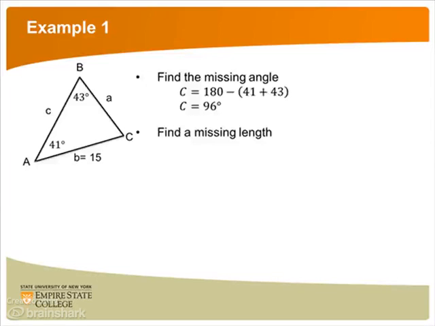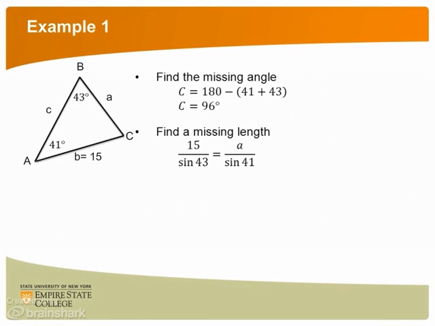Now we can use the law of sines to find a missing length of a side. First, we will find little a, the length of the side opposite angle A. We have a completed ratio, as we know both little b and the measure of angle B. This gives us our first fraction, 15 over the sine of 43 degrees. We set that fraction equal to little a, the length we are finding, over the sine of 41 degrees.